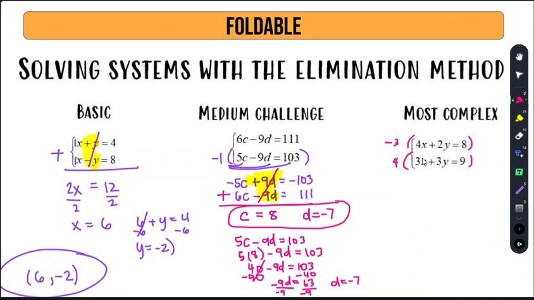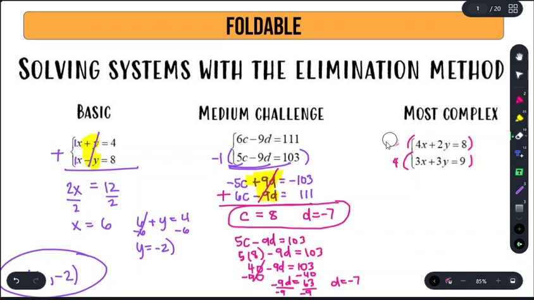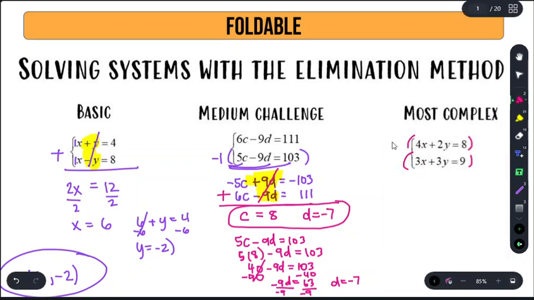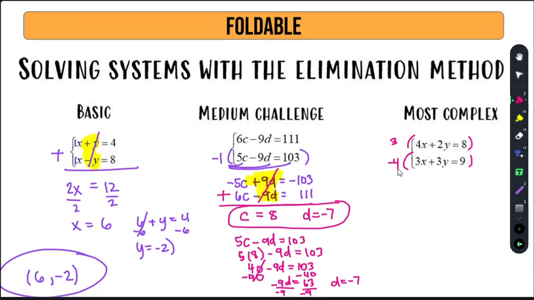You can kind of flip-flop the numbers and make sure one of your signs is negative. If I was to do that, I would end up with -12x and +12x. That would be opposites. Another option is I could multiply by 3 and -4. This would give me a 12x and a -12x.